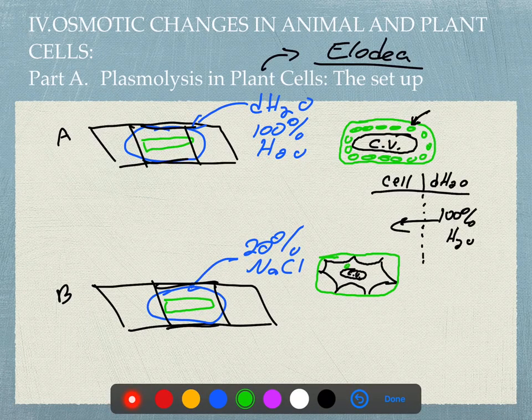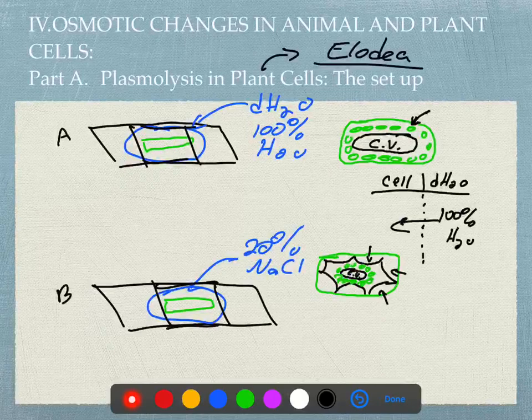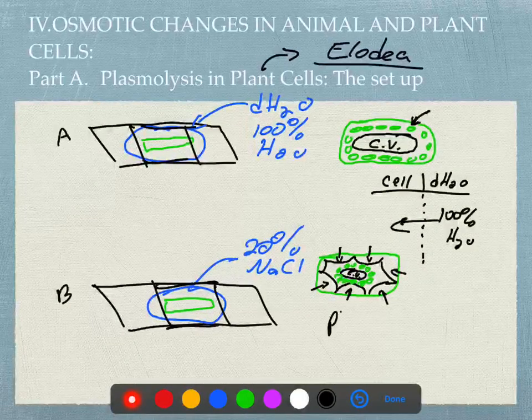The central vacuole would appear to be shriveled, and all of the chloroplasts would be dragged to the center. And we would also notice all of these air spaces right here. So you should recognize this from one of the videos in the first presentation for chapter 5.